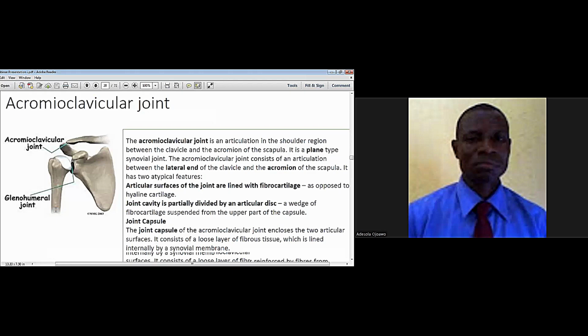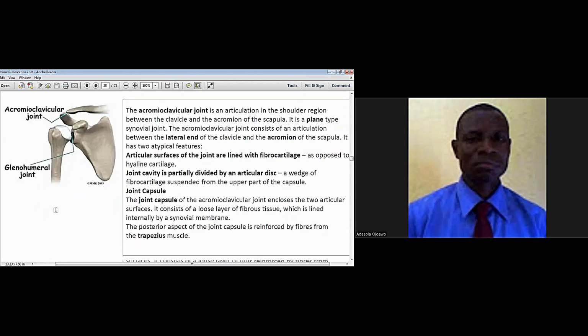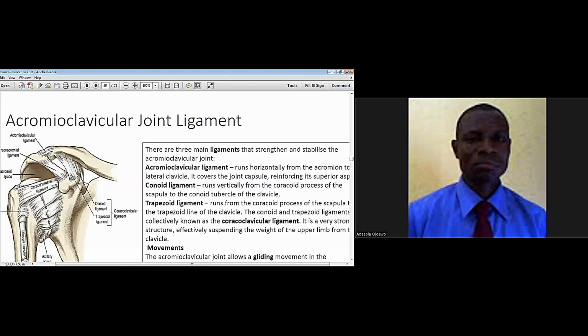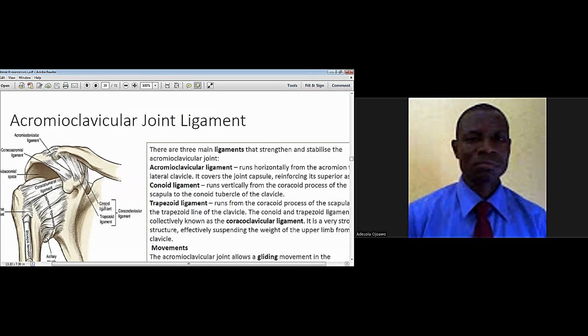I put here the ligaments of the acromioclavicular joint, and you can see that majorly there we have three, okay, let me say four ligaments specifically. This one is what we call the acromioclavicular ligament, very important.